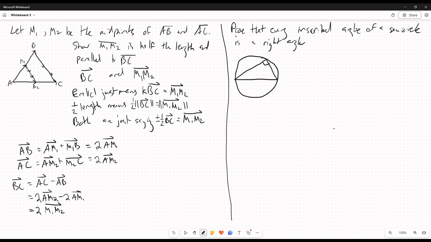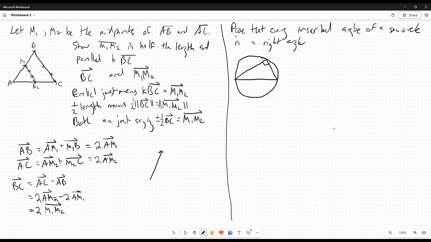Because the vector from M1 to M2 can be found by taking the vector AM2 and subtracting the vector AM1. This is why it's important to have those subtraction ideas in our brains.